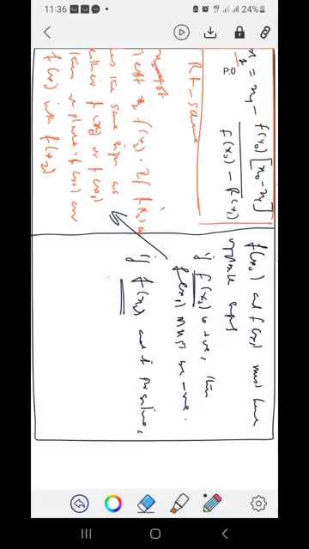So you are now going to pair fx2 with fx1.